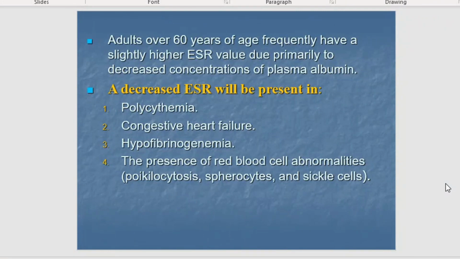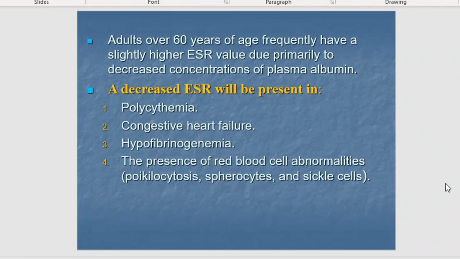Okay, and a decrease in ESR will also be observed in situations like polycythemia, which I already told you, then congestive heart failure. So when heart failure happens, you can see it there. Then hypofibrinogenemia.